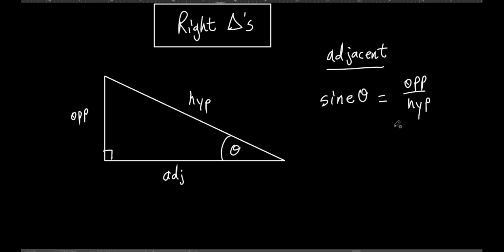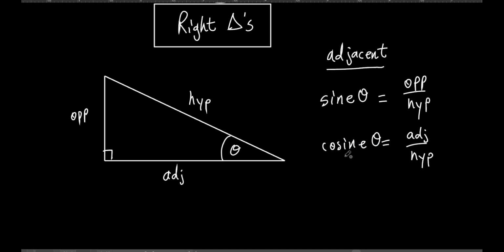And then you have another ratio. This time, we're not going to compare the opposite to the hypotenuse. We're going to compare the adjacent to the hypotenuse. All right? And we call this the cosine. And again, what angle?